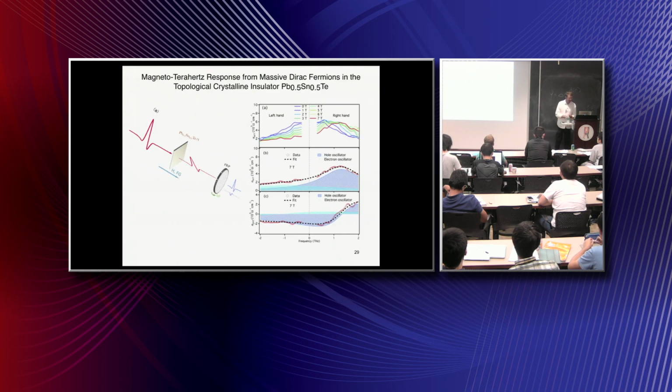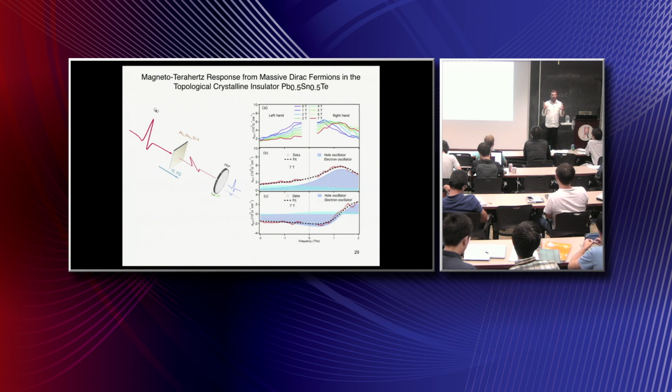Other data, coming from my own group but more recent, perhaps not of great scientific significance, but I think it's kind of beautiful in what it shows. This is the magneto-terahertz response from a topological crystalline insulator system. A topological crystalline insulator is a kind of topological insulator protected by mirror symmetry.